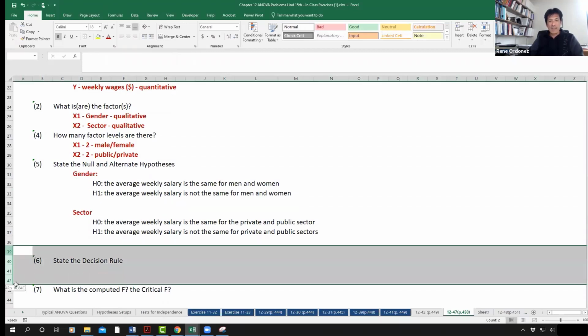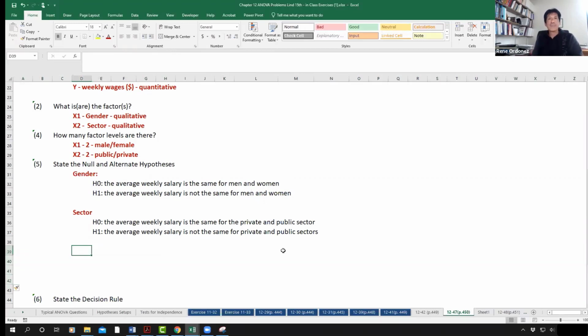But because we have replicates, we can perform the third kind of testing, the interaction effect. The null hypothesis would state that there is no interaction present.